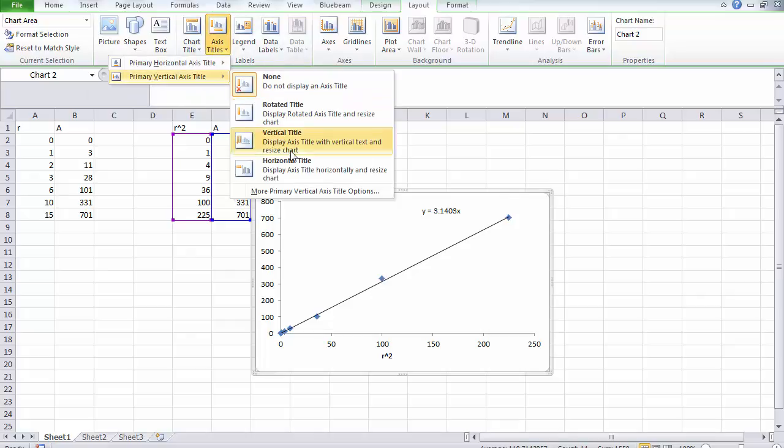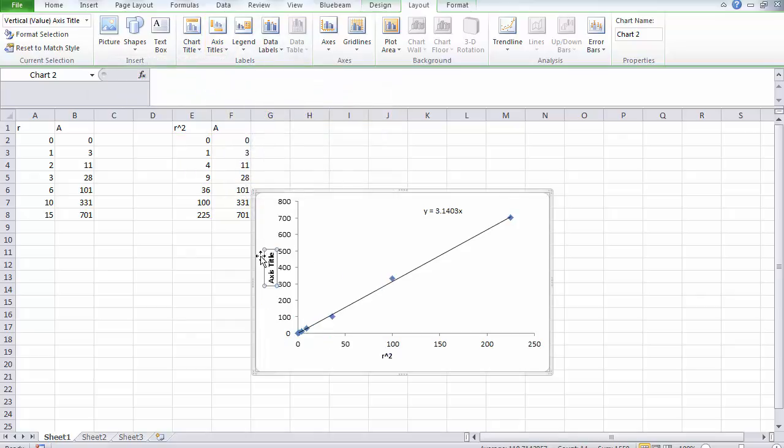Okay, our Y value is axis title, vertical, rotated. Our Y value is A. Okay, and of course I'm forgetting units here, so I must put in units. Let's say that's units of meters squared, and this is also units of meters squared.